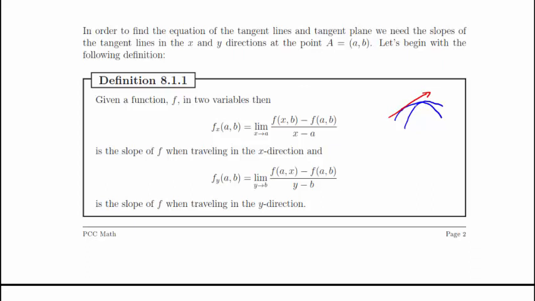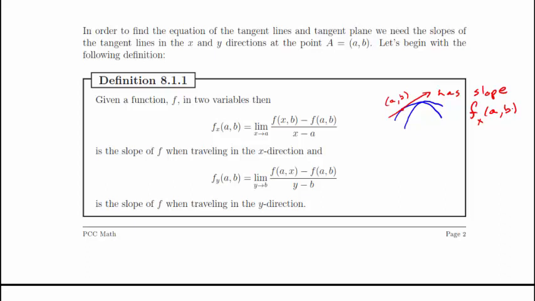This slope here we're going to call f sub x, and this point we're calling (a, b). So this is f sub x of (a, b).